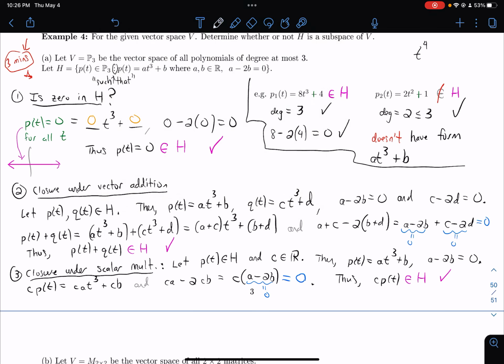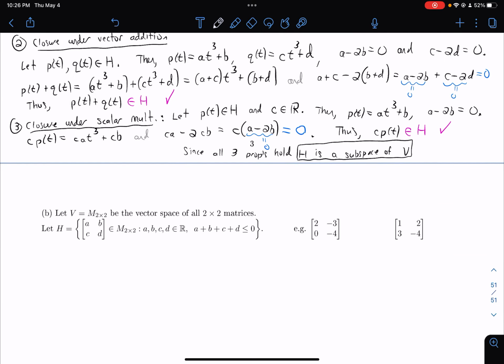Because all three conditions hold, that means this set H is a subspace of V. I should add a little phrase here, sorry, I'm running out of room a little bit: since all three properties hold, H is a subspace of V. All right, cool. Let's look at some more examples.